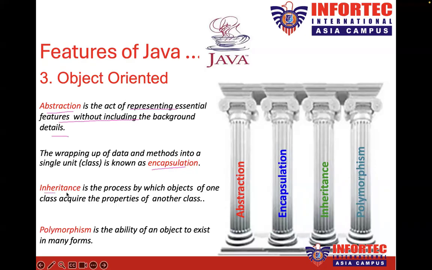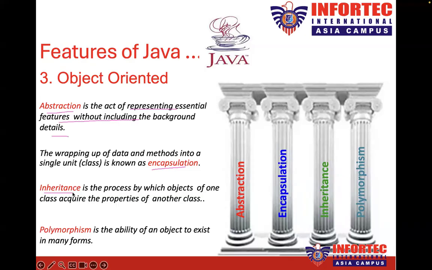Then we have inheritance. Inheritance is the process by which objects of one class acquire the properties of another class. As I told you in the recorded file, a very practical example is that we inherit some features from our parents. In the same way, when we apply this in code, some classes inherit things from parent classes.